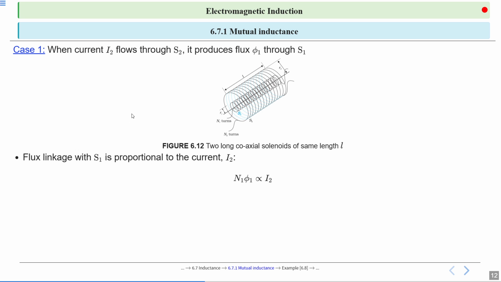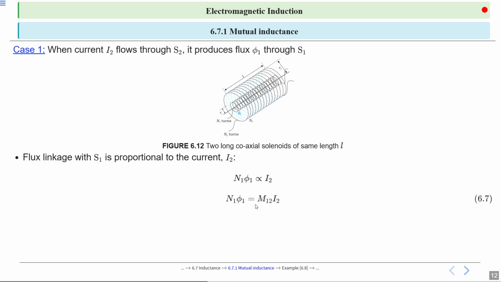So flux linked with the S1 coil will be due to current flowing through S2 coil. So N1 phi 1, the flux linkage with the S1 coil, is number of turns times flux linked with one turn. So N1 phi 1 will be proportional to I2, current flowing through S2.